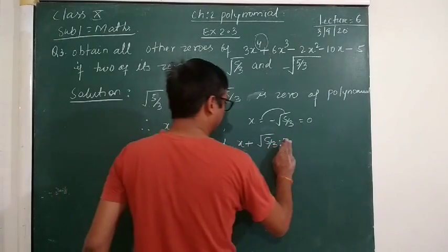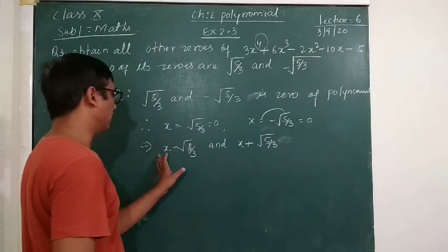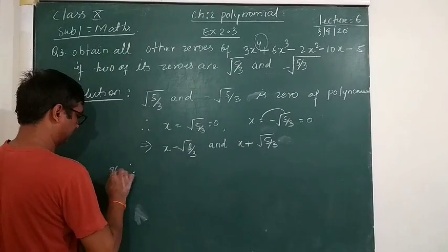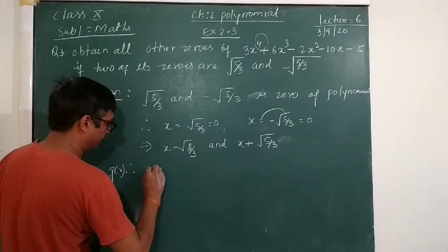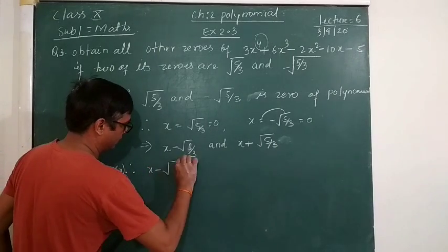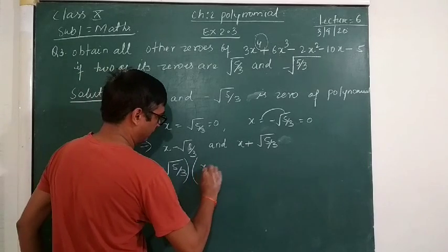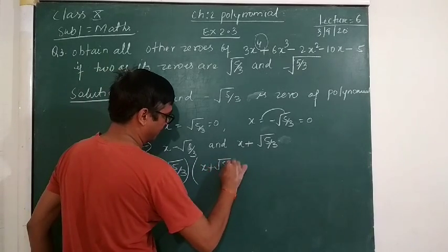Now it will be multiplied, so your g(x) is equal to (x - root(5/3)) into (x + root(5/3)).